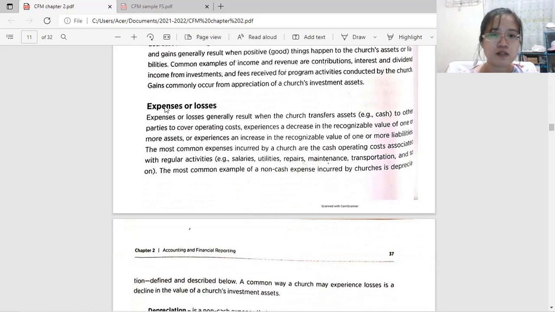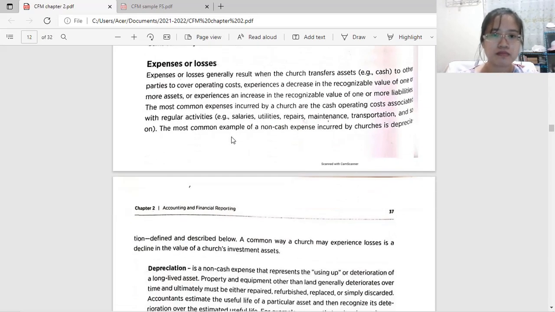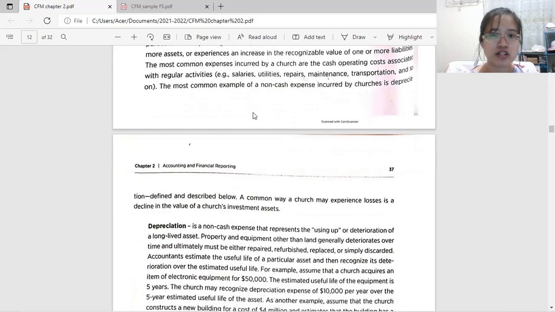Okay, and then expenses. Normally we have operating expenses for the salaries, utilities, repairs, maintenance, transportation, and so on. Most common example of a non-cash, sorry, so for the most part, these expenses that I've mentioned earlier are normally paid in cash by the church, but there is another type of expense considered as non-cash expense.